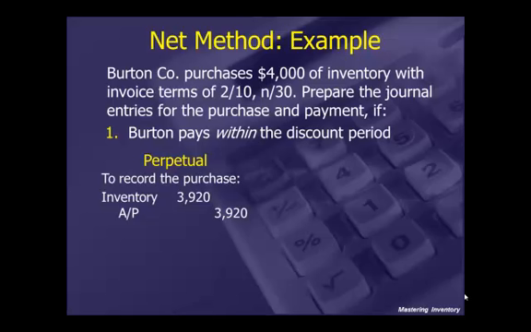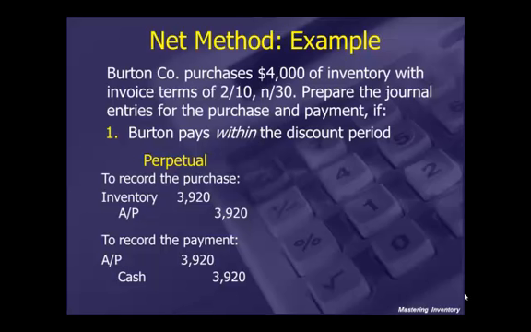Perpetual, well, 4,000 times 2% is $80, and so 4,000 less $80 is $3,920. So we debit inventory, we credit accounts payable for that amount. We pay it within the time frame by the discount due date, within 10 days of the invoice date.